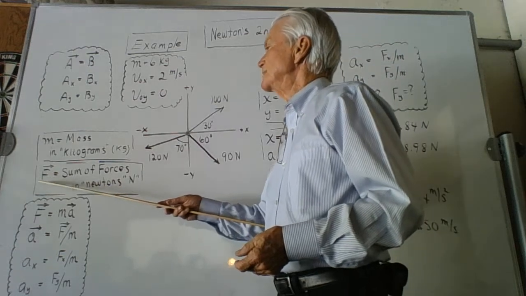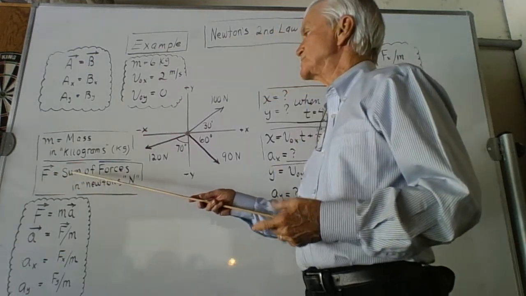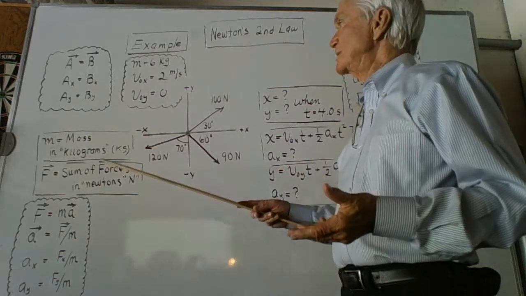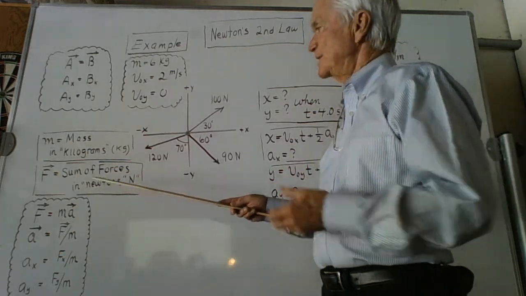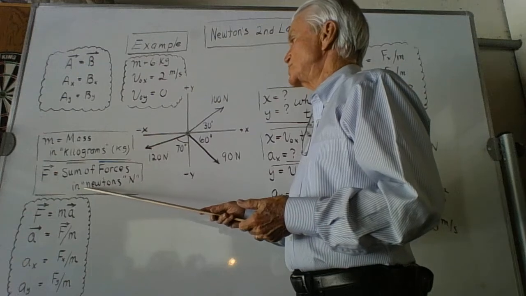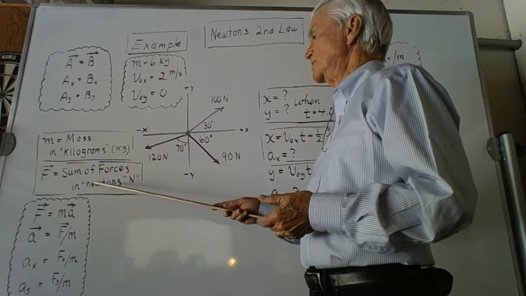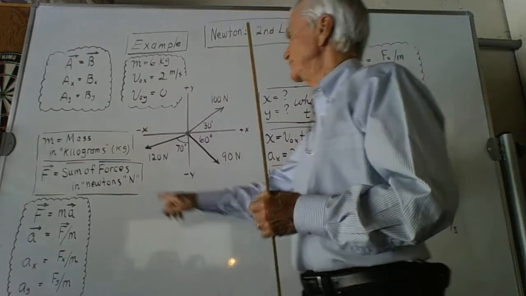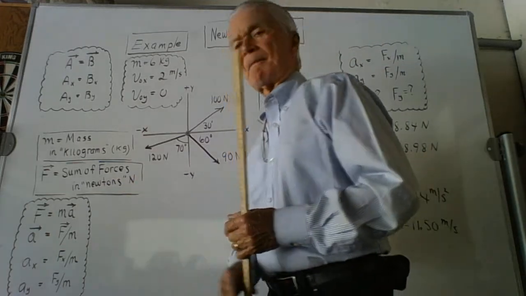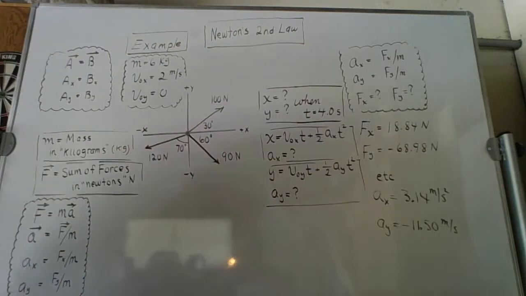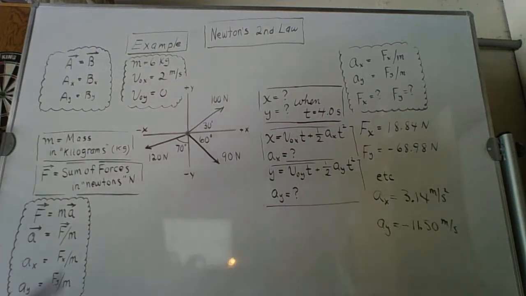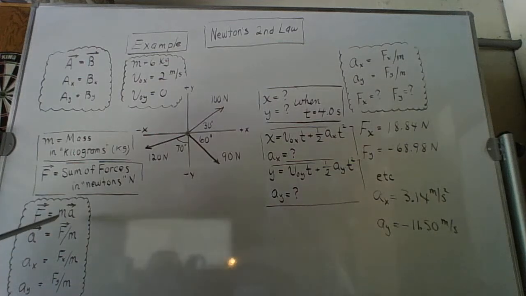Let the vector F be equal to the sum of the forces acting on an object. I'll indicate now that forces are measured in units of newtons, after Isaac Newton, and we abbreviate the word Newton as N. Now we come to Newton's second law.